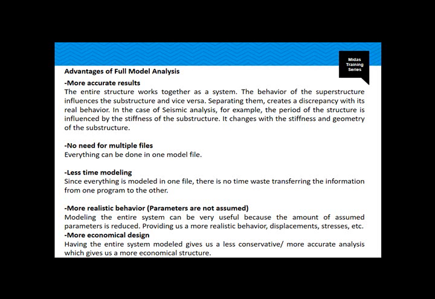In the case of, for example, seismic analysis, the period of the structure is influenced by the stiffness and the geometry of the structure and so on. So if we take out part of the substructure, let's say piers, that's gonna influence the behavior of the bridge, and for seismic analysis as well. So it's better if we have more accurate results by putting the superstructure and substructure together.